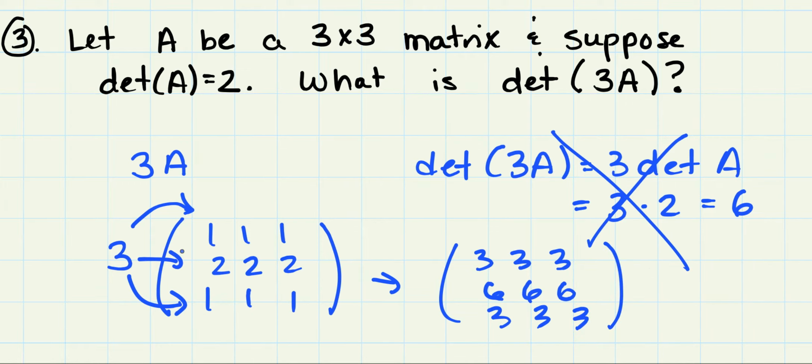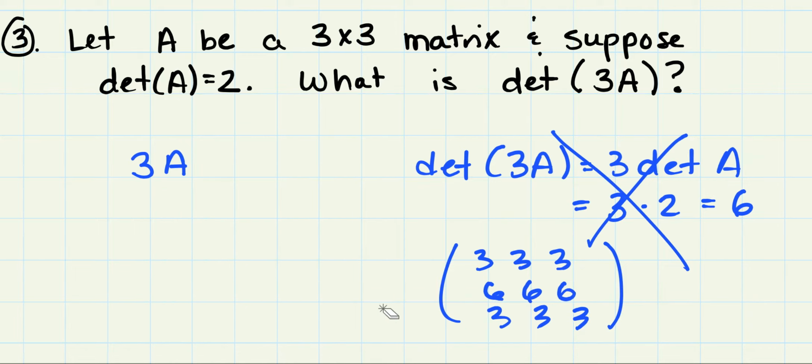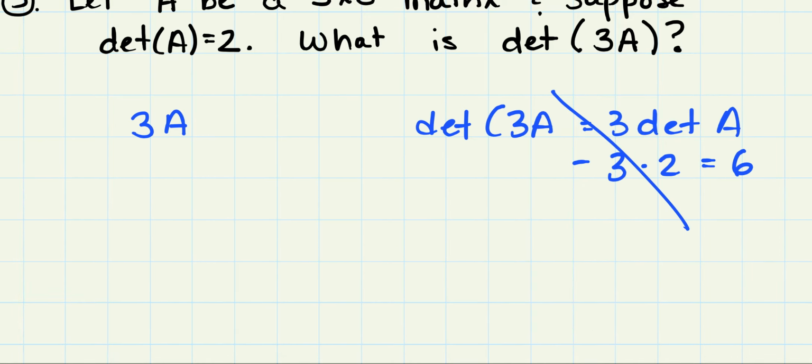When I multiply a single row by a number, that corresponds to an elementary matrix, right? So if I multiply every single row by this number, then I'm going to have 3 elementary matrices for this particular matrix because it's a 3 by 3 matrix.